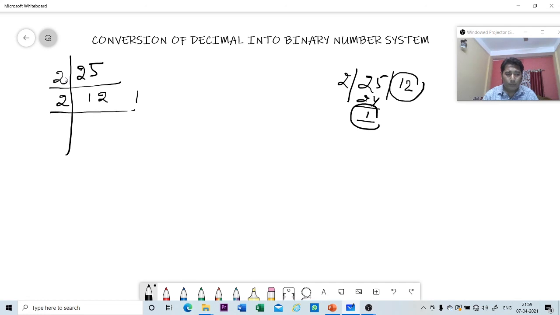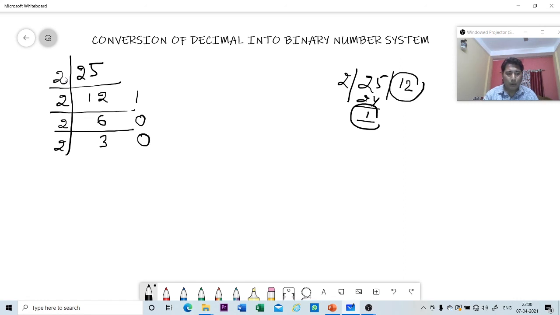The next quotient will be 6, since 2 sixes are 12, and the remainder will be 0. I need to repeat this step again and again until my quotient becomes 0. So again I divide this quotient by the base 2. It will be 3, since 2 threes are 6, and we get the remainder as 0.